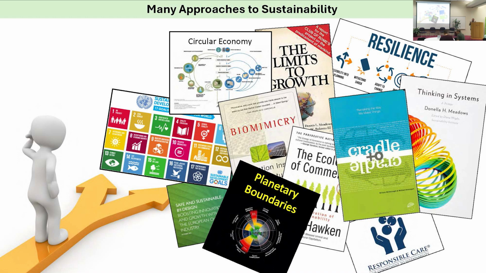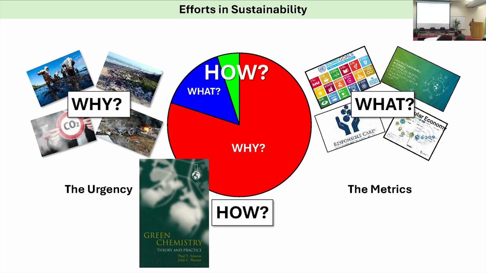Now, how does green chemistry fit into this? Well, when I go to sustainability conferences and talk about these approaches, they really fall into two categories. Category number one is why. The vast majority of people are talking about climate change and plastics in the environment, why this is such an urgent problem. And that's important.